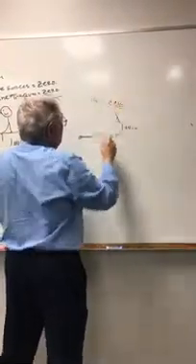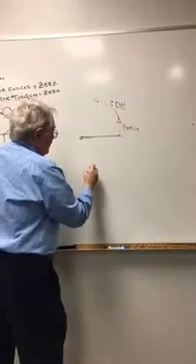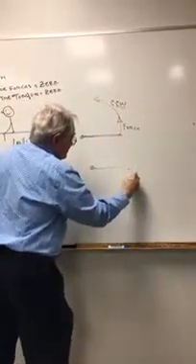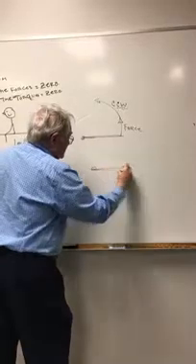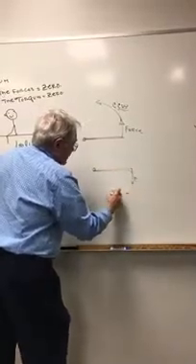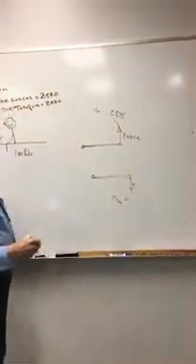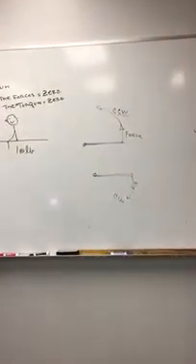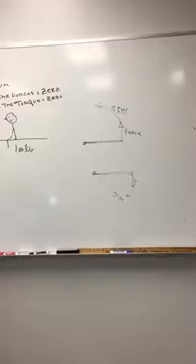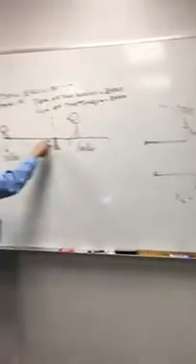CCW, counterclockwise. On the other hand, if the force is going this way, then the rotation would be going that way, and that direction would be clockwise. CW clockwise, CCW counterclockwise. So the torque is the product of the force and the distance.